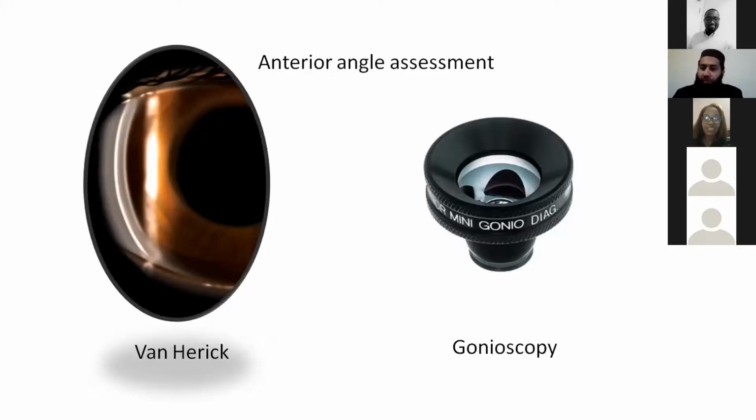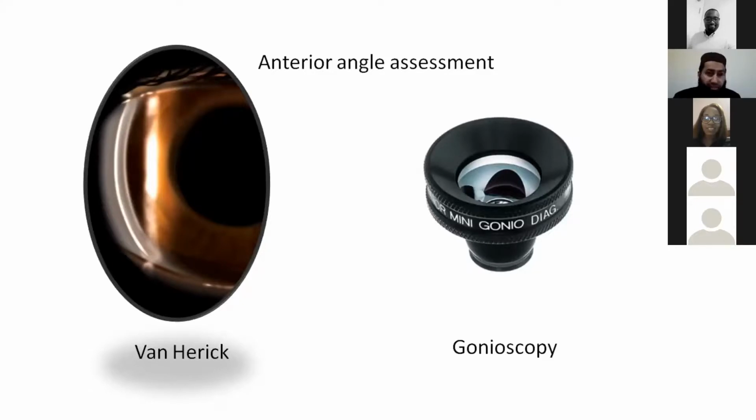Similarly, gonioscopy also requires a lot of practice. If you get yourself into a habit of seeing at least one patient in your practice with gonioscopy, that will get you familiarized with this tool quite nicely, and it's quite handy. It's quite useful for glaucoma assessment.